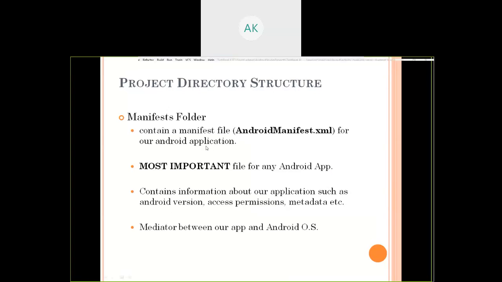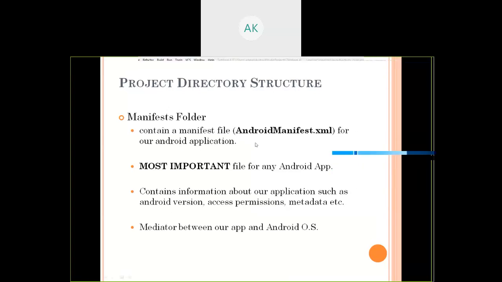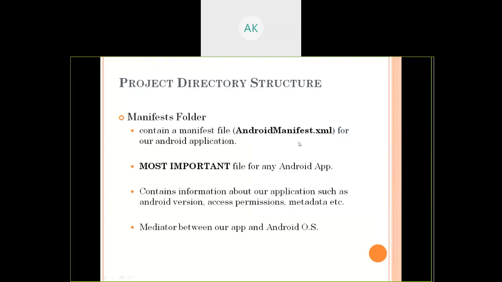As we said here, the manifest folder consists of a manifest file, and this file is typically an XML file named AndroidManifest.xml. Whenever you create any Android app, it must contain the AndroidManifest.xml. So you cannot have any app without the manifest.xml.